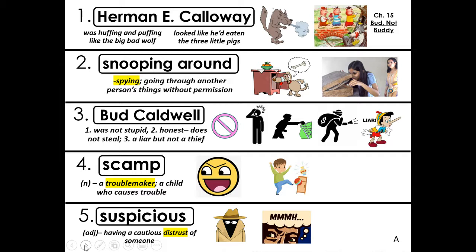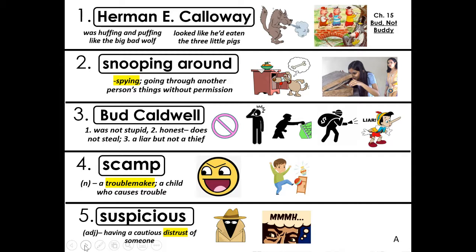So if you don't have all of the synonyms or short definitions or how Herman E. Calloway and Bud Caldwell were described, I need you to push pause. Make sure you have all five of these words and phrases. And then in the second column, I want you to write down a synonym or a word that means the same.